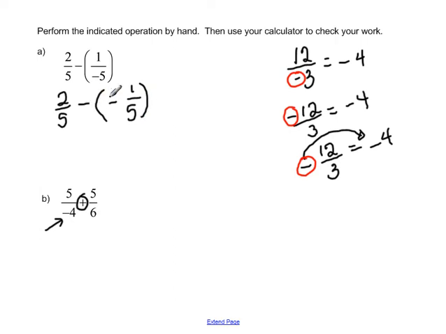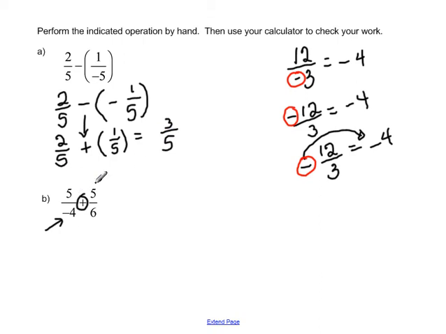I know when I subtract a negative number, that's the same as adding the opposite. The opposite of a negative is a positive, so this is the same thing as 2/5 plus 1/5, which would just give us 3/5.